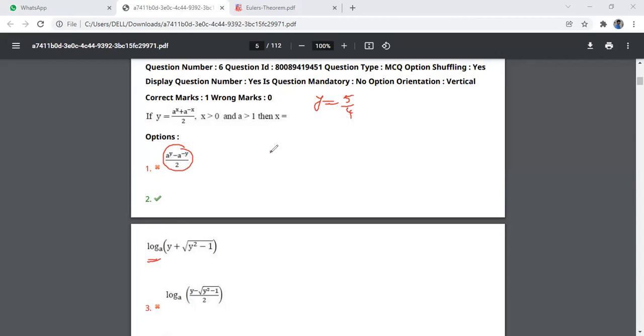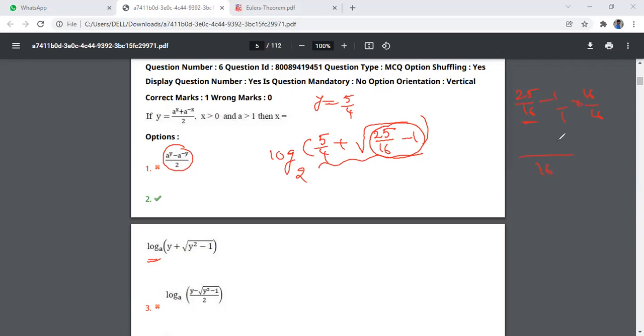Okay, I'm taking here log. A means how much we took? A means 2 we took, and here y means 5 by 4 plus under root 5 by 4 square, means 25 by 16 minus 1. So only this part we will simplify. 25 by 16 minus 1, LCM we have to take 16 by 16, because denominator is 16.